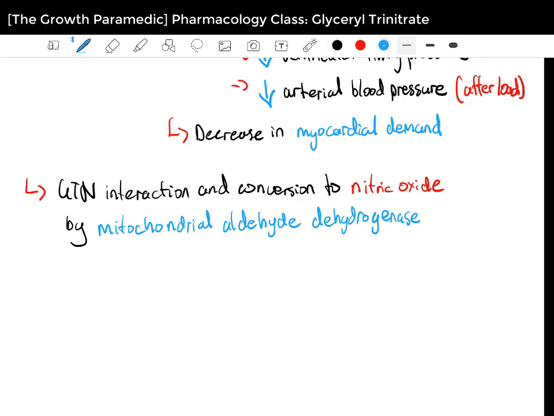To mitochondrial aldehyde dehydrogenase, and this is also known as MTALDH. But I don't expect you to really know that. But basically, GTN's interaction conversion to this nitric oxide, which is done because of this really long word that I don't really want to pronounce again.